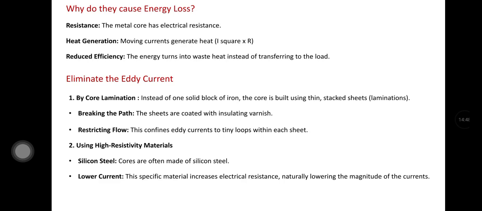Using high resistivity materials, silicon steel: cores are often made of silicon steel. Lower currents: this specific material increases electrical resistance naturally, lowering the magnitude of current.